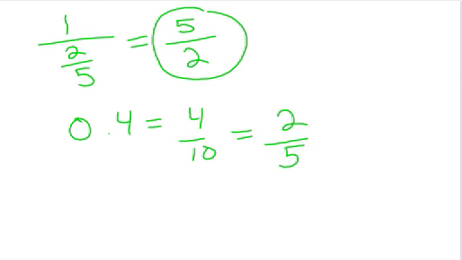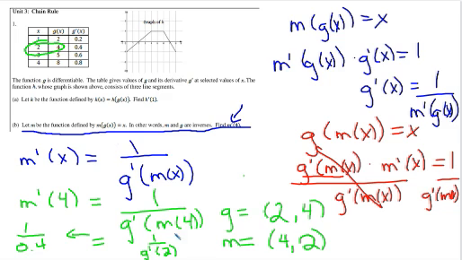All right, but the most important thing is understanding these relationships when we're looking for m prime of 4. All you really got to start with, everybody, is this thing right here. And if you do the chain rule with it, including taking the derivative of x, which is 1, you will get to these special relationships.